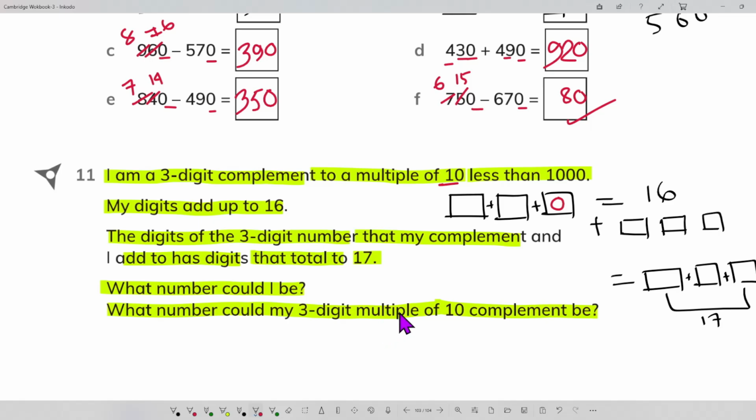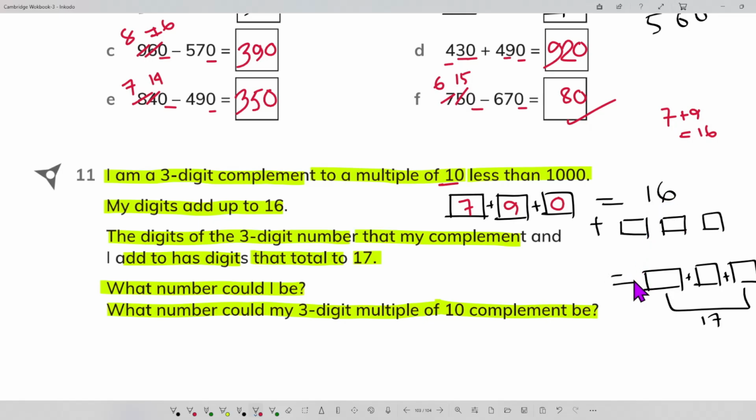Like, the summation becomes 16, so 7 plus 9 is 16, and so we can write 790, it's less than 1000, this is a 3-digit number, and the summation will be 16.